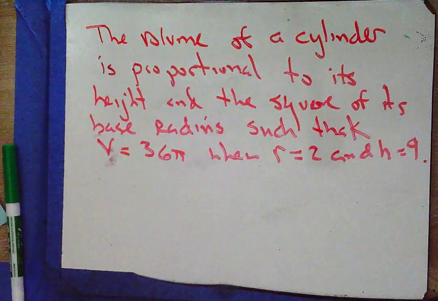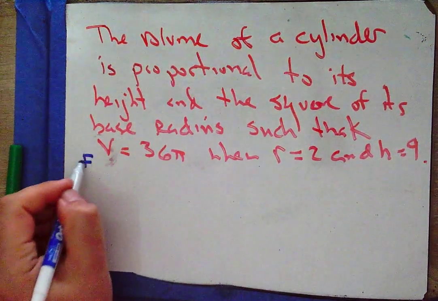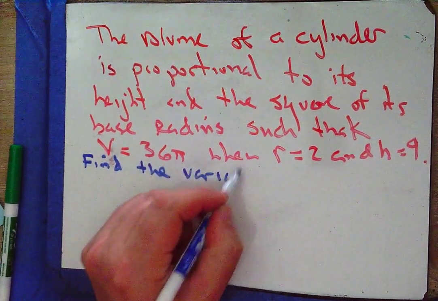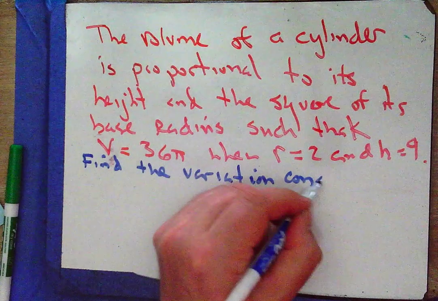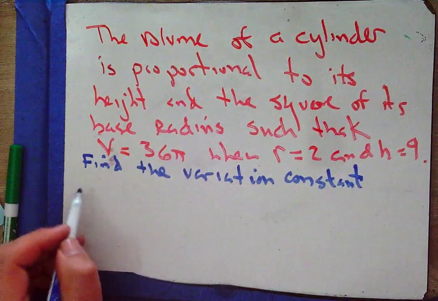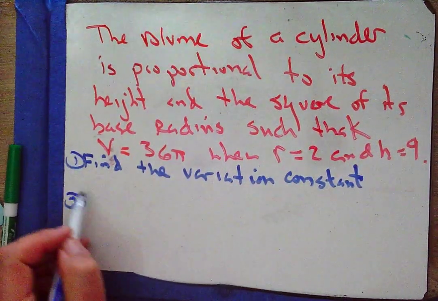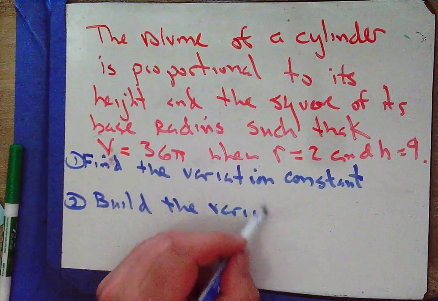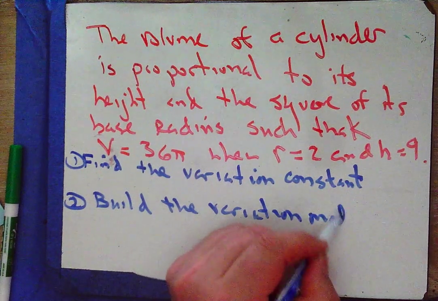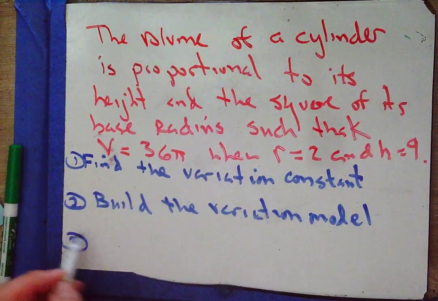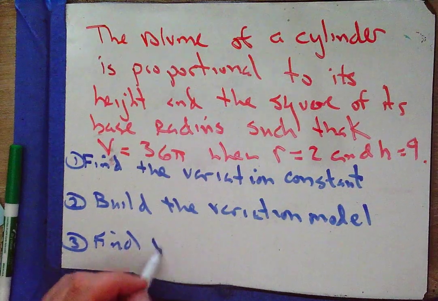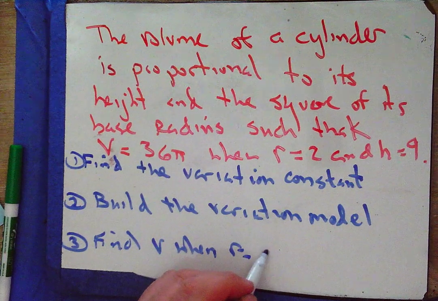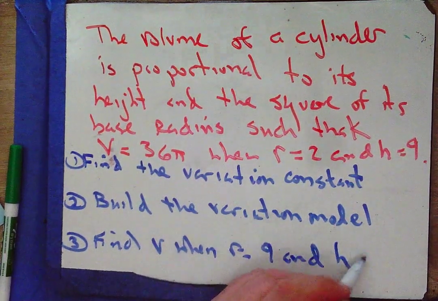Part A, find the variation constant. Part B, build the variation model. And then part C, find the volume when r equals 9 and h equals 2.